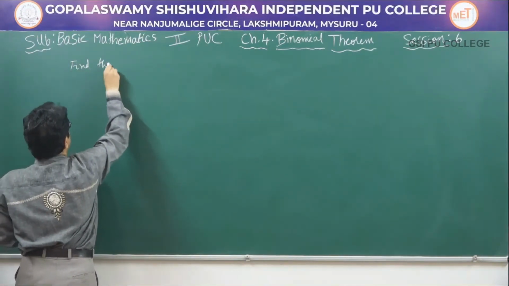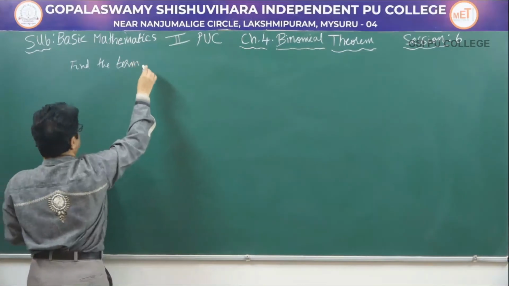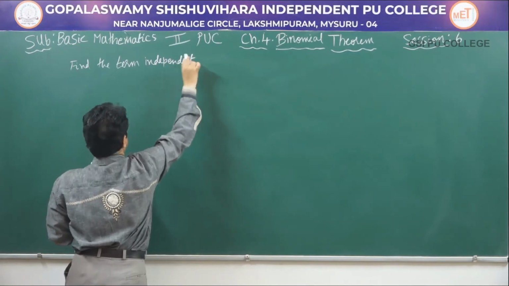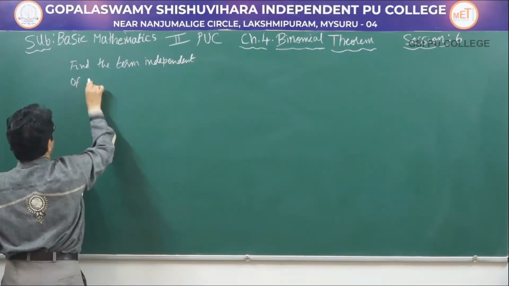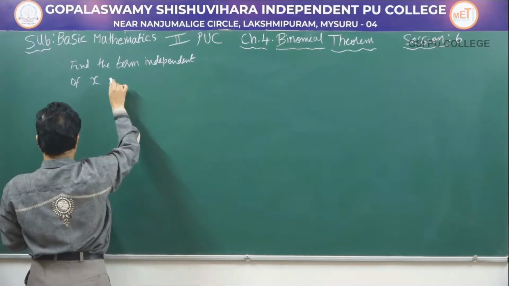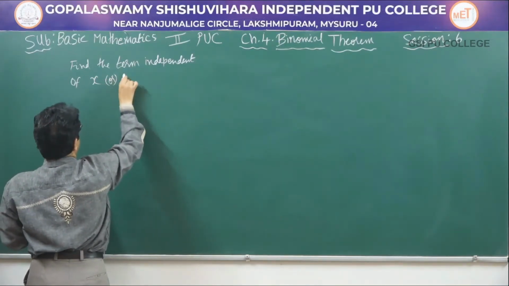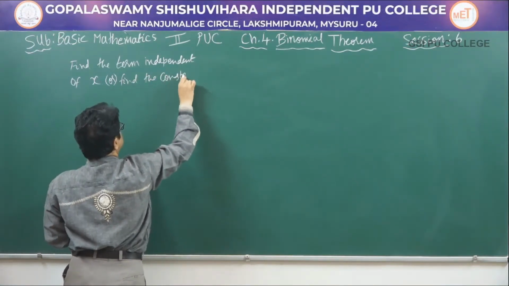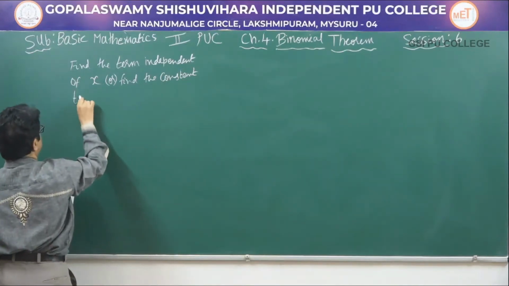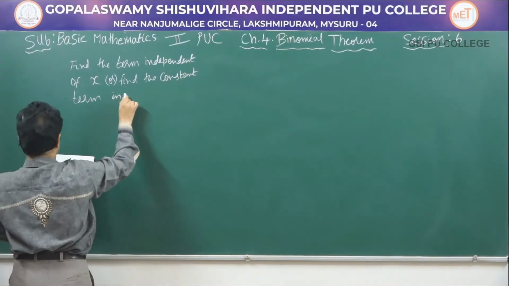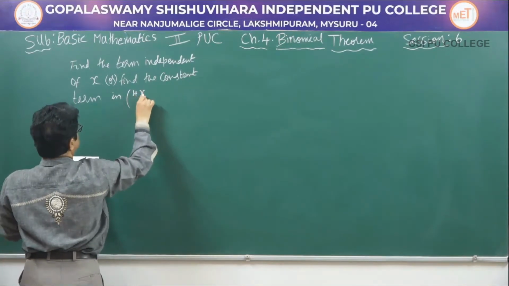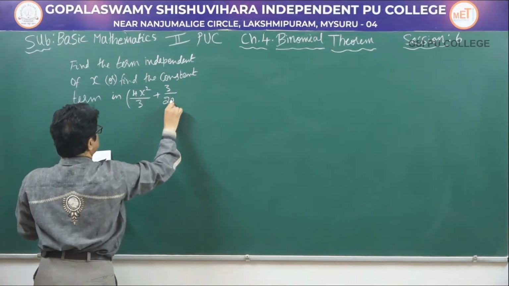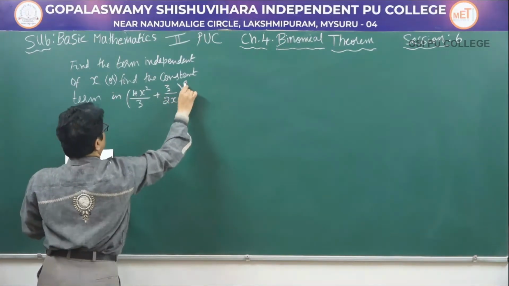Find the term independent of x, or find the constant term in (4x²/3 + 3/2x)⁹.